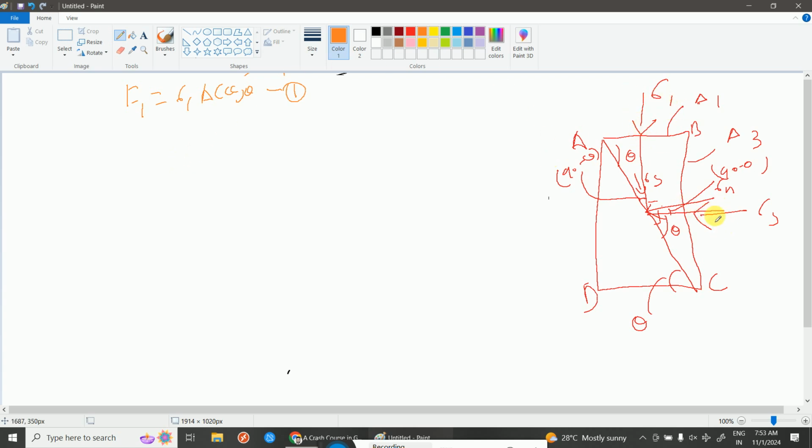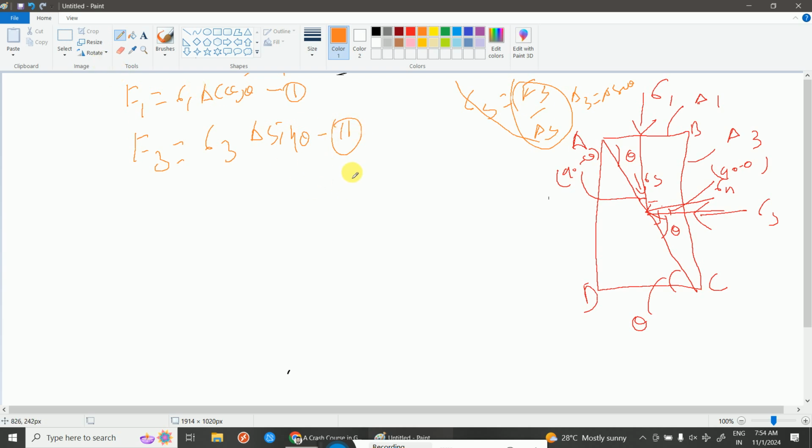Now here sigma 3 acts on plane 3, and this is the F3. When you apply the same trigonometry, F3 is equal to sigma 3 A sin theta. Similarly, sigma 3 is equal to F3 upon A3 on plane 3. So A3 is equal to A sin theta, and put this value in and you will get these things.